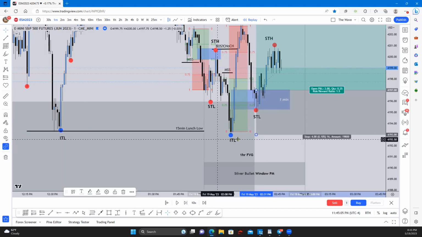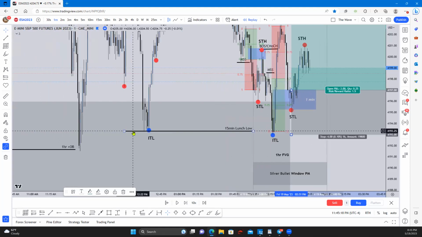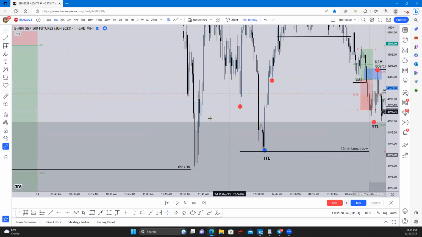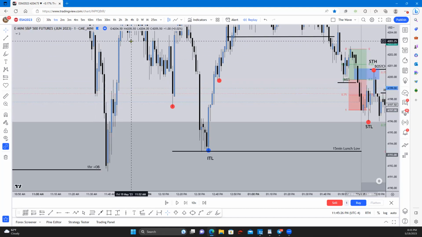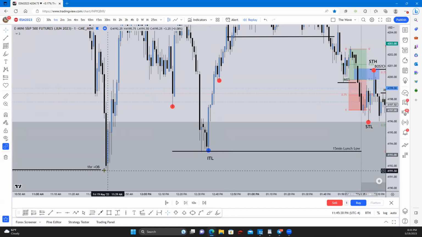Okay, so I hope you guys follow that. Because this ITL swept this one in the form of sell side, this one should hold. Okay. We notice we kind of have another one here with this ITL because it was short-term low, short-term low. Okay. But this one did not sweep this one. Right.